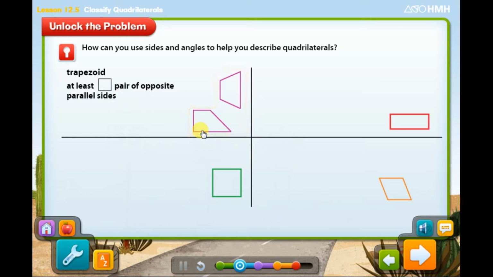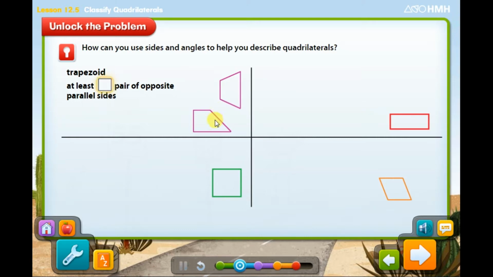So how many parallel sides do we have here? Are this side and this side parallel? Yes, they are parallel. Are this side and this side parallel? Yes, they are walking side by side and will never meet and have the same distance in all parts of the line.